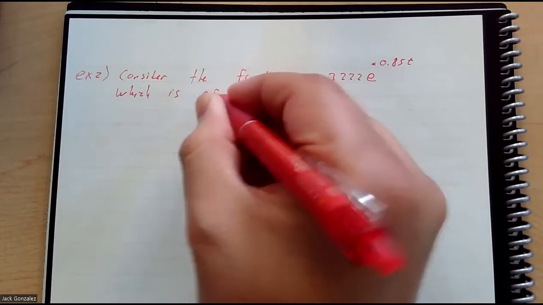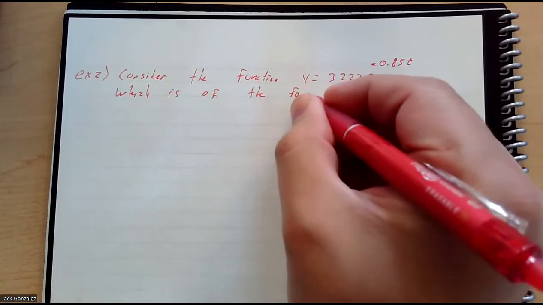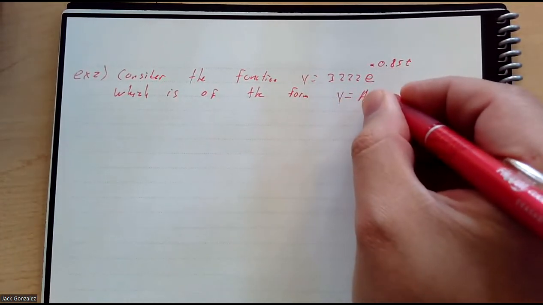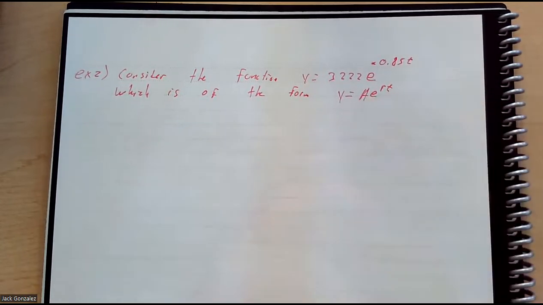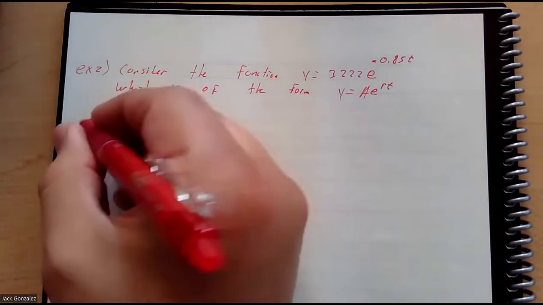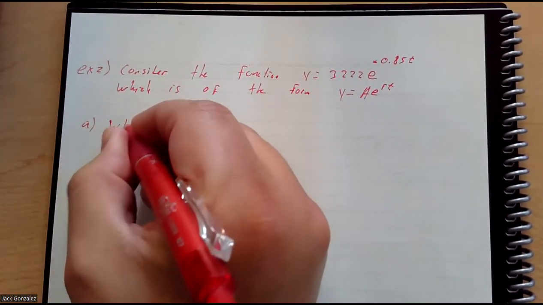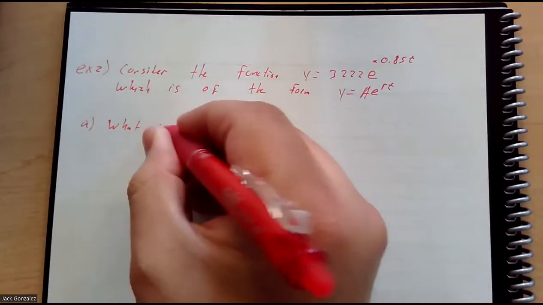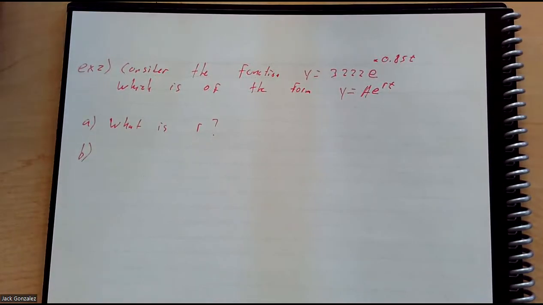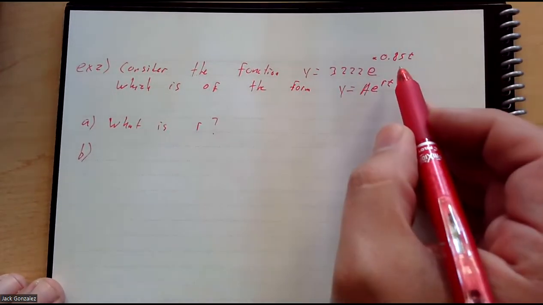Which is of the form y equal to a times e to the rt. All right. Part A. What is r? Right, so the growth rate is going to be right here, right?